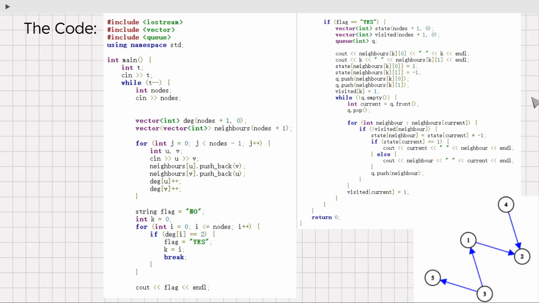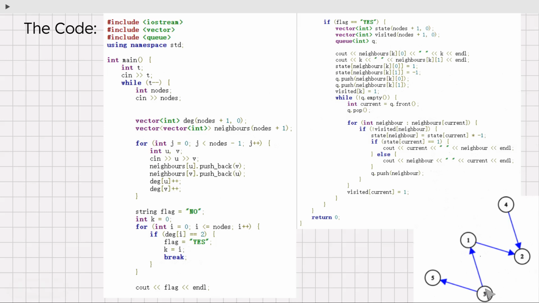Of course, we start from the node k, which previously has been assigned the value of 1, so that this node is the degree 2 node. We first initialize this tree by applying one edge of this node k as an outgoing edge and one edge as an incoming edge. In the picture below, as in the previous test case, the special node k is 1 because it has degree 2.